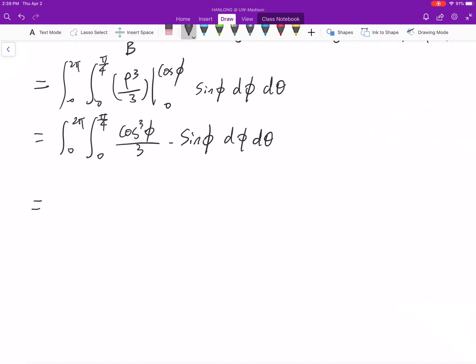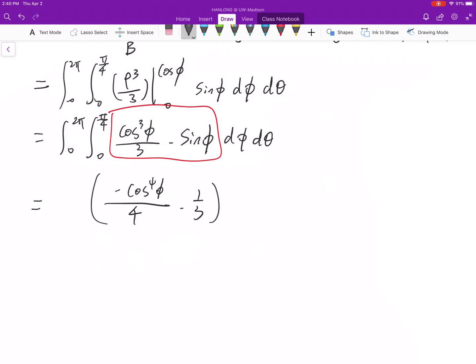Then here you can use the chain rule. So cosine to the fourth of phi divided by negative 4 times 1/3, from 0 to pi over 4, and then 0 to 2 pi d theta.